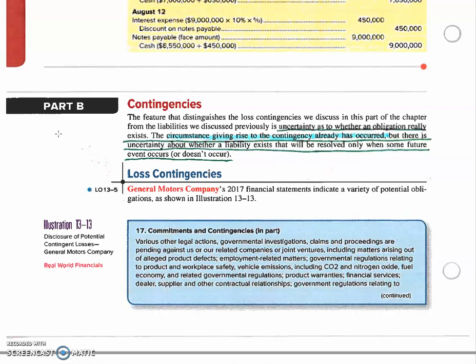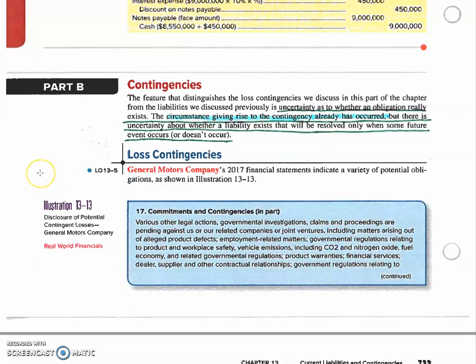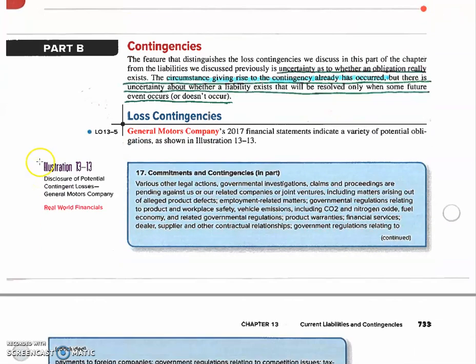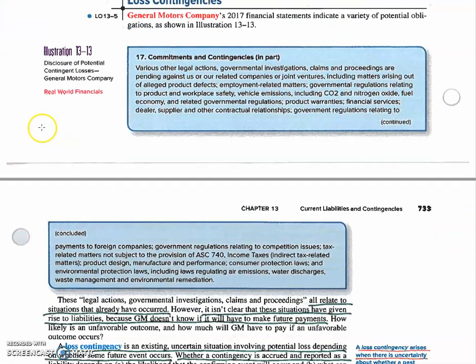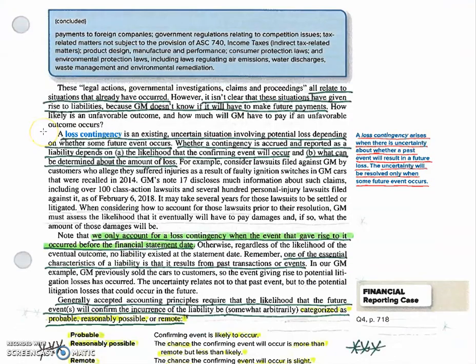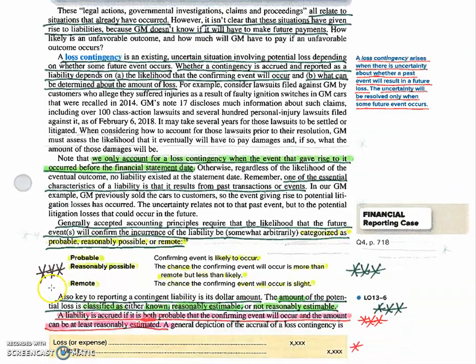It's probable. So contingencies are situations where we are not absolutely certain that we're going to have to make a future sacrifice. And in fact, the accounting standards have defined that future sacrifice might be either probable, reasonably possible, or the probability may be remote.